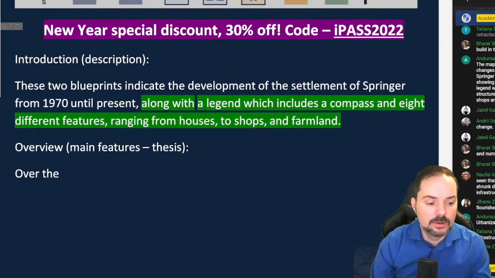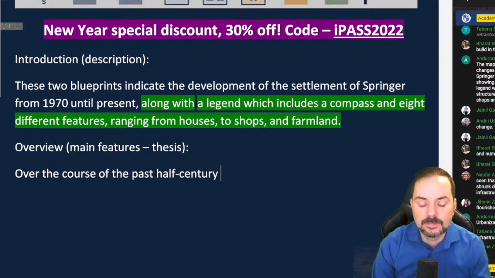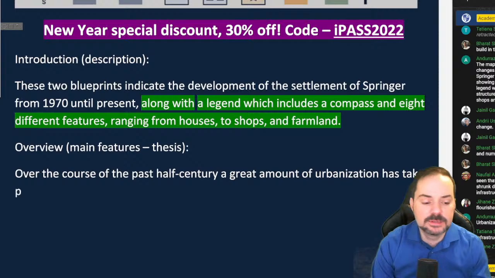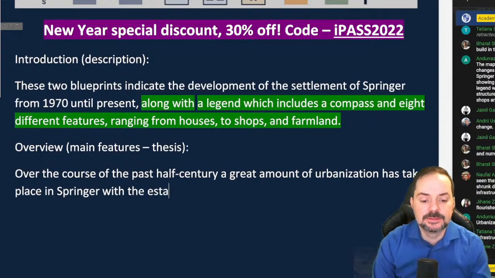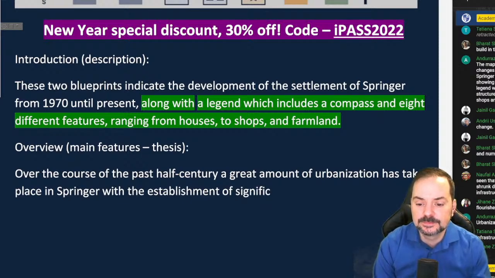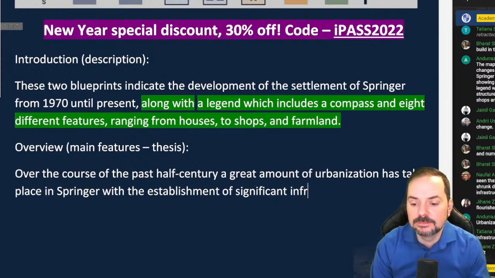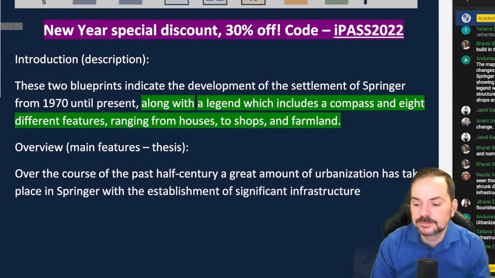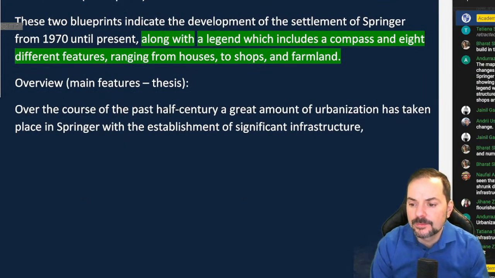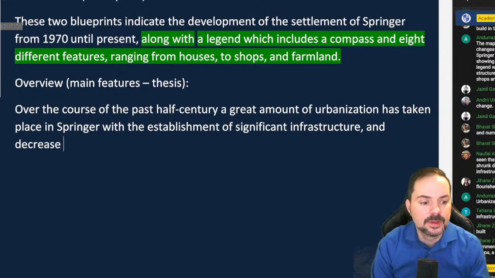So over the course of the past half century, a great amount of urbanization has taken place in Springer with the establishment of significant infrastructure and decrease of rural farmlands and forests.